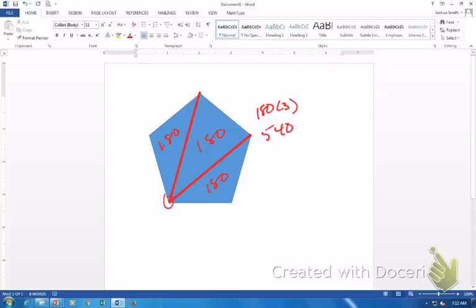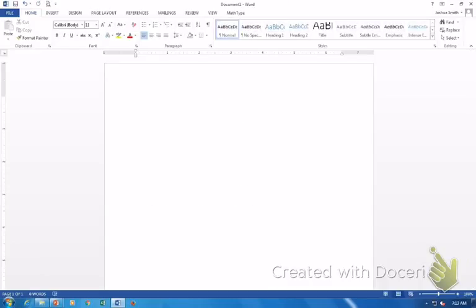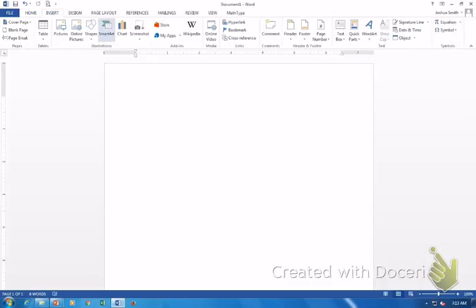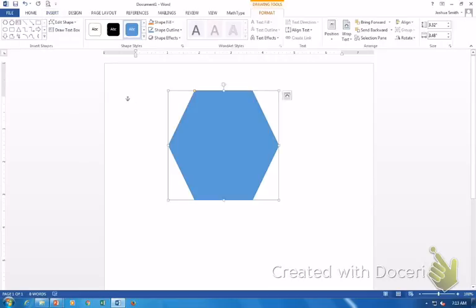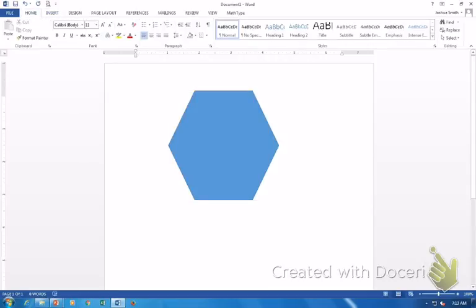We can keep going through this, right? Instead of a pentagon, we could do a hexagon. Right? And do the same thing.